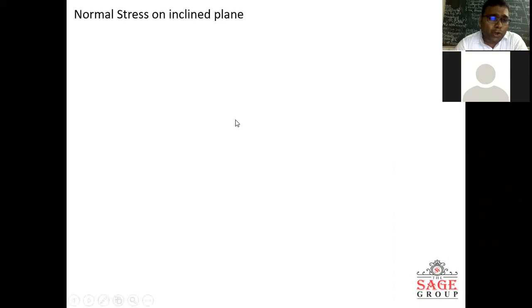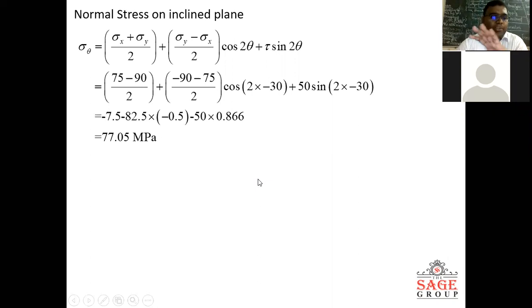Normal stress on the inclined plane. How do we calculate the first part of this question? I think you all remember the simple formula: sigma theta equals sigma x plus sigma y by 2, plus sigma y minus sigma x by 2 cos 2 theta, plus tau sine 2 theta.